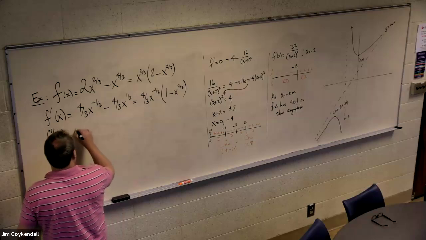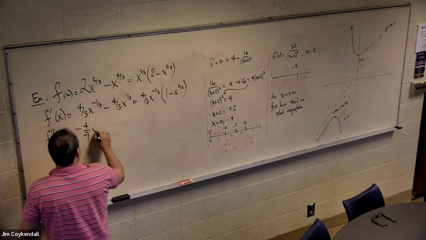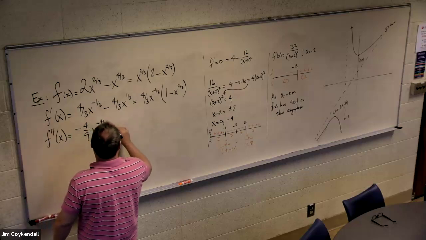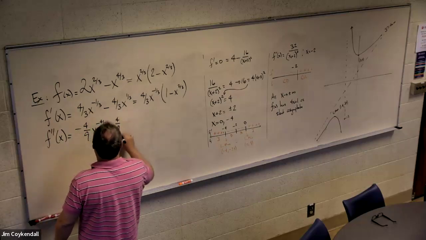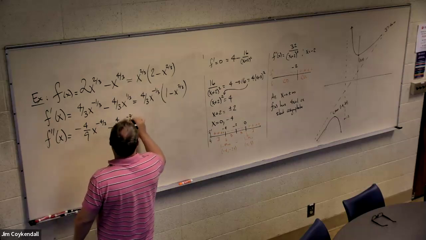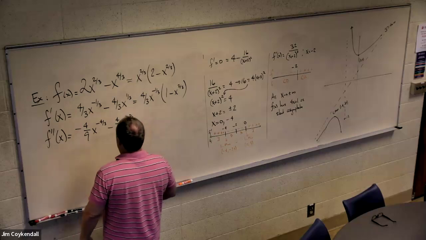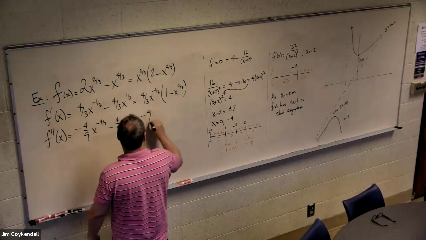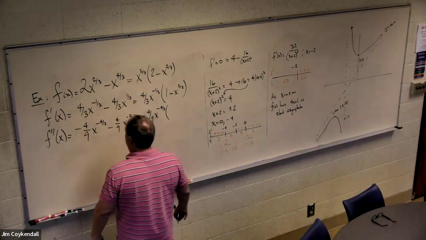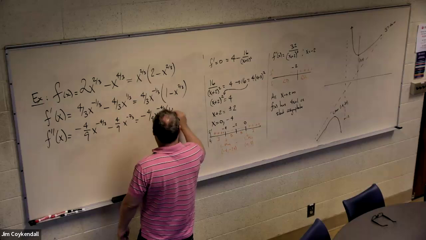That's going to be minus 4/9 x to the minus 4/3, plus, or minus 4/9 again, x to the minus 2/3, which is minus 4/9 x to the minus 4/3 times 1 plus x.